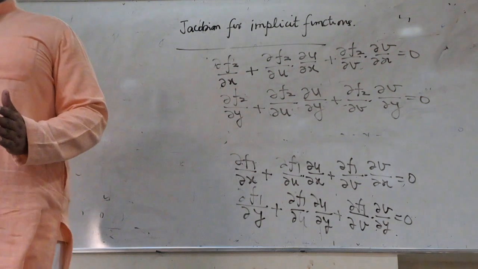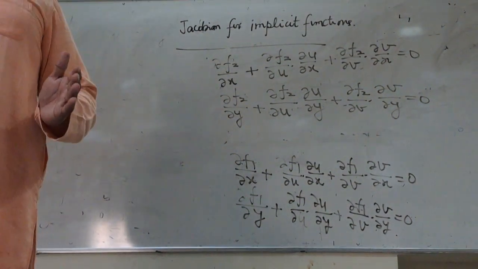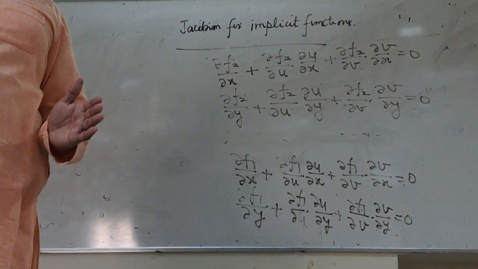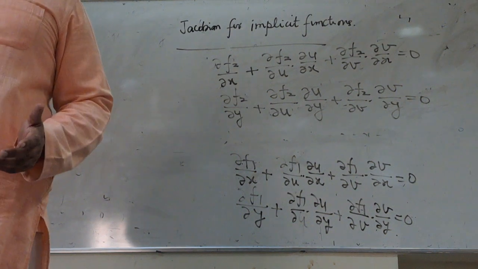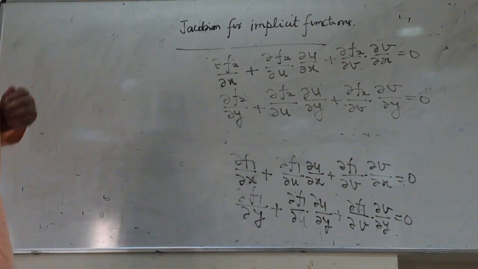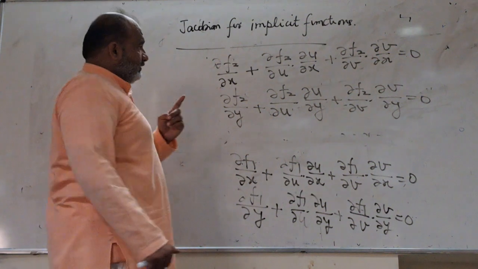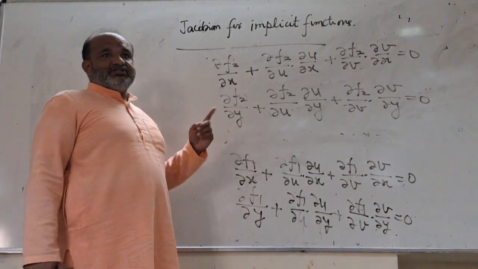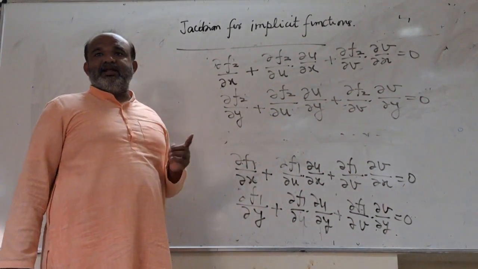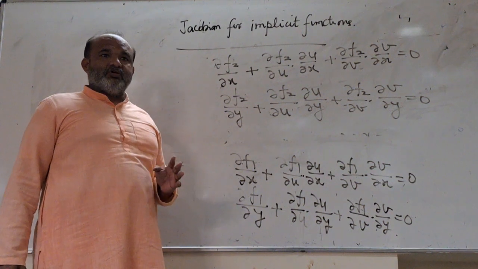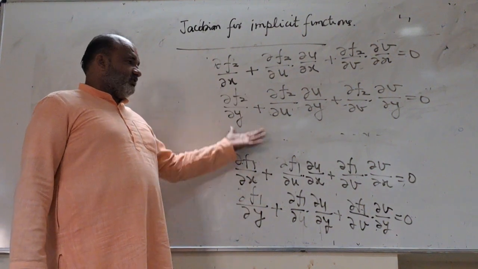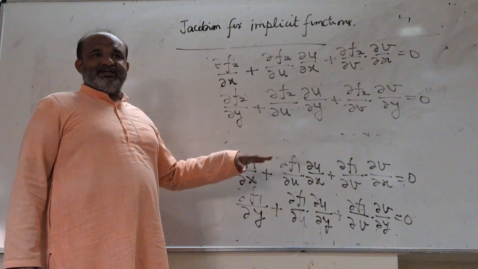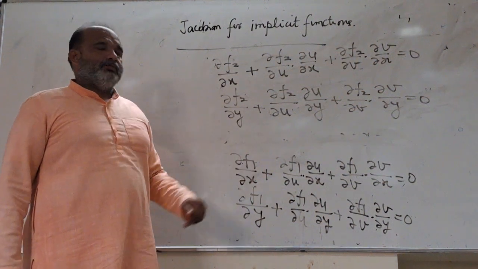And when these partial derivatives are found, the Jacobian can be easily found. Is it okay? Clear? So now first let me explain what is Cramer's rule for linear equations. Keeping your expression in your notebook, first let me have Cramer's rule.